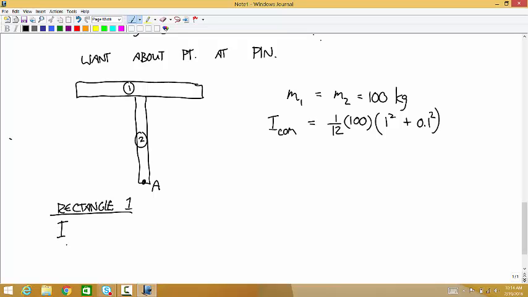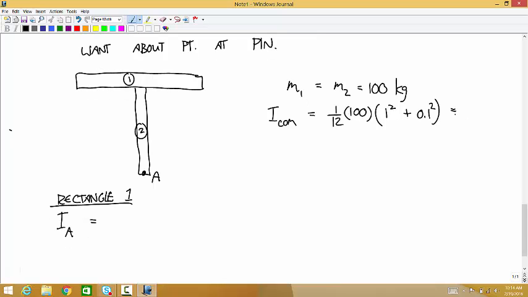the moment of inertia about A is equal to, can someone calculate what this is? 100 times 1.01 divided by 12, 101 divided by 12.